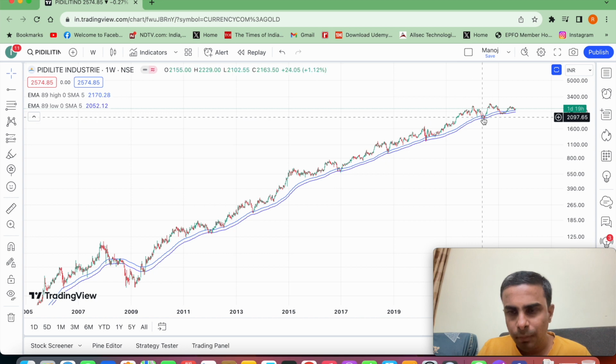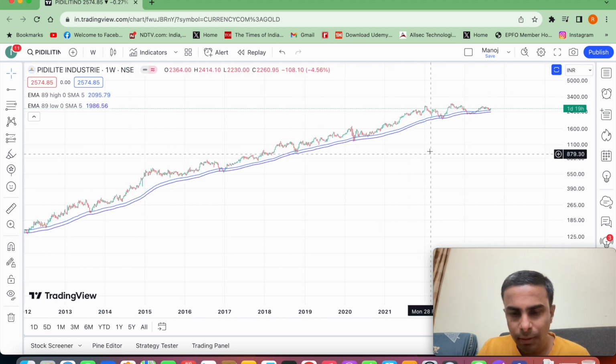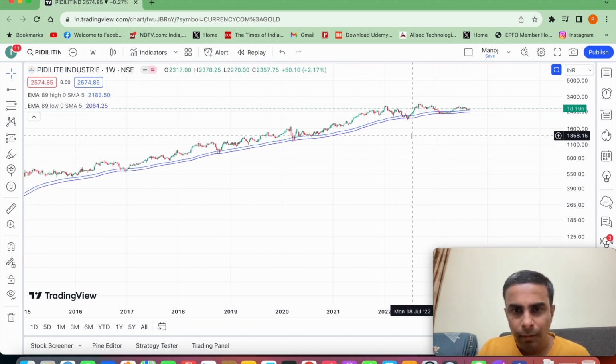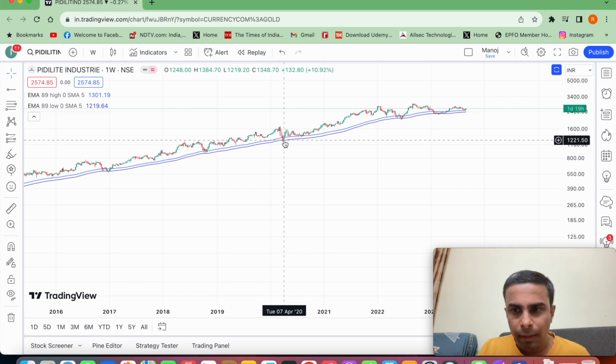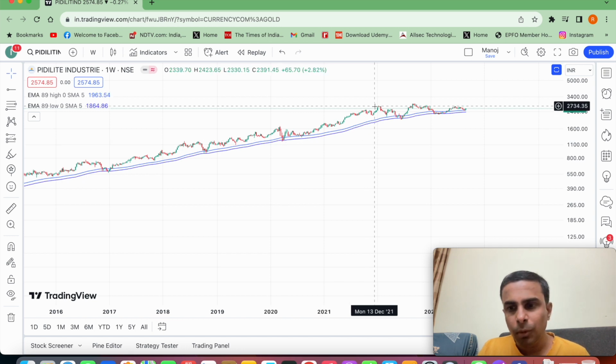It has never closed 10% below this 89 EMA band. In the recent times, in 2020 during COVID, if you had bought this stock at around 1200 odd levels by keeping a stop loss of 10%, you would have been able to make good money. Your stock would have doubled, literally doubled or more than doubled.